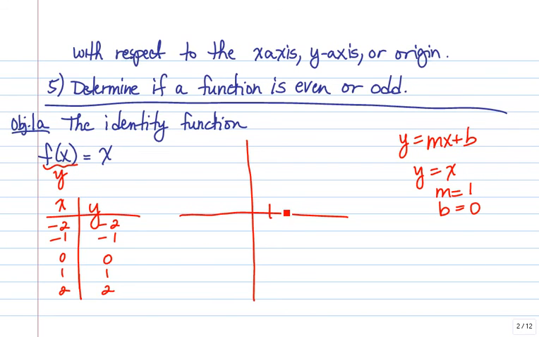So whenever we graph this function, we get a straight line with a slope of 1 through the origin. Now again, if you had graph paper and pencil, you could see this really precisely. I've done it as good as I can here, but that is the identity function. Okay, so it is a line through the origin with slope 1.